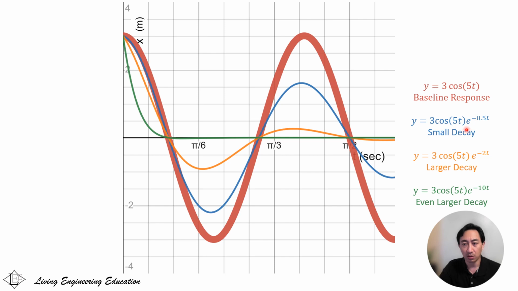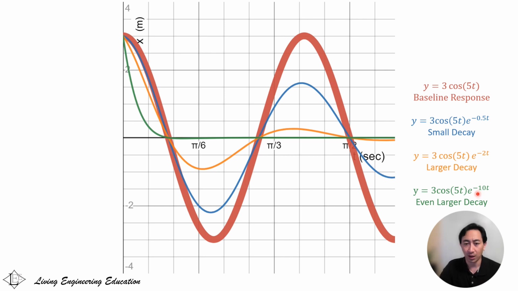This exponential term forces a decay, but it's different depending on the coefficient value. In blue I put a small decay, a larger one in orange, and an even larger one in green. So -0.5, -2, and -10.